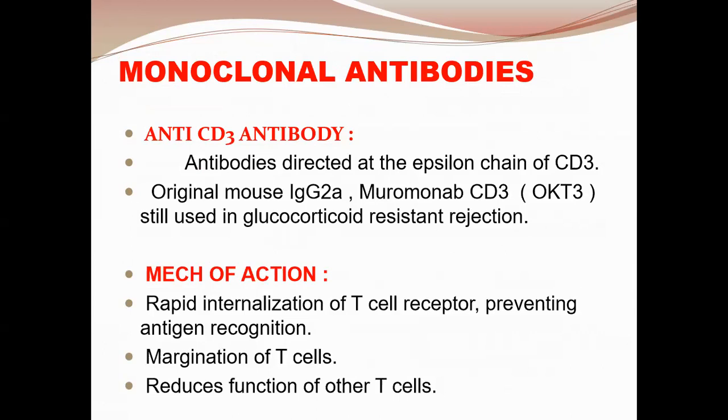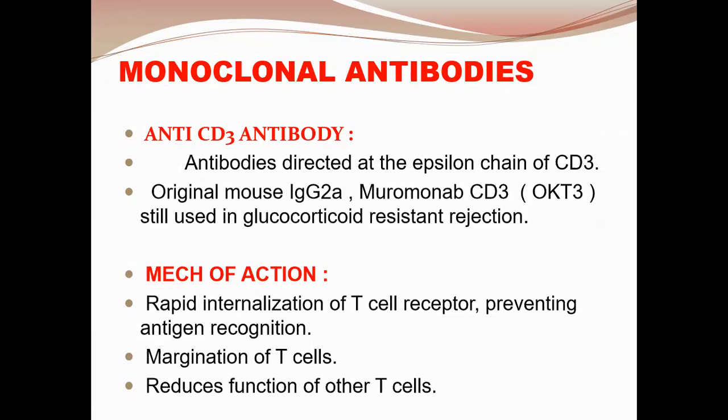These antibodies are directed at the epsilon chain of the CD3 complex, and they are derived from the original mouse IgG2a. They are muromonab-CD3, which is still used in glucocorticoid-resistant rejection.